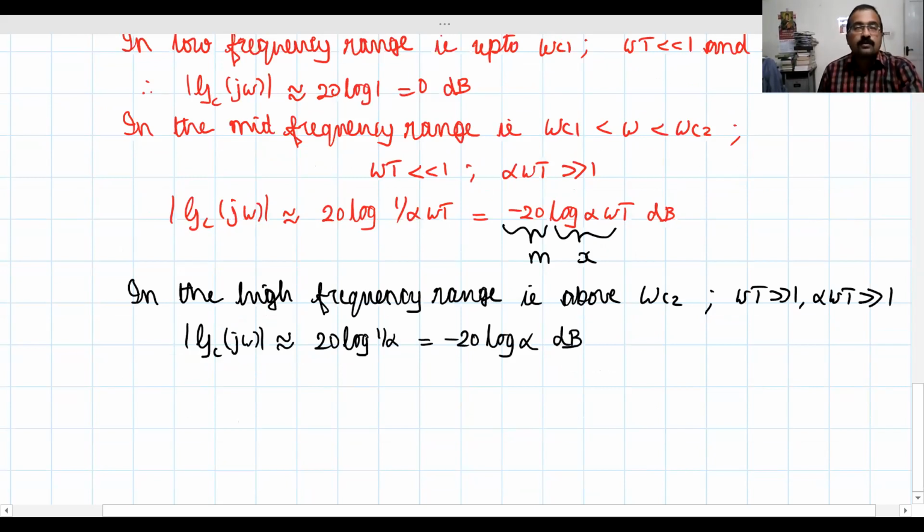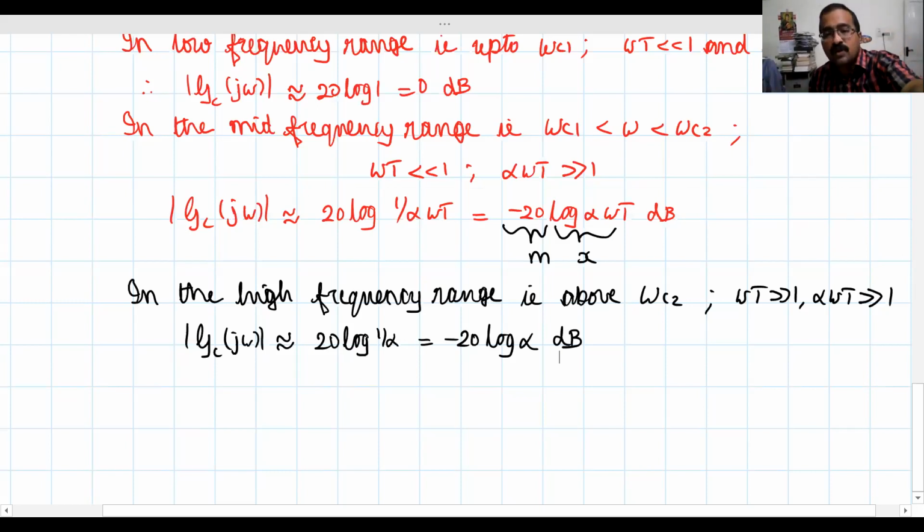So from low frequencies up to the lower corner frequency omega C1, it is a straight line at 0 dB. Then onwards, it's a straight line with a slope of minus 20 dB per decade up to omega C2. Then it will be another horizontal line at a magnitude of minus 20 log alpha dB.